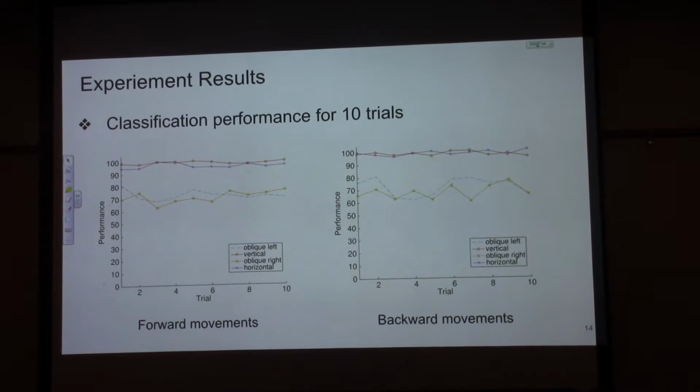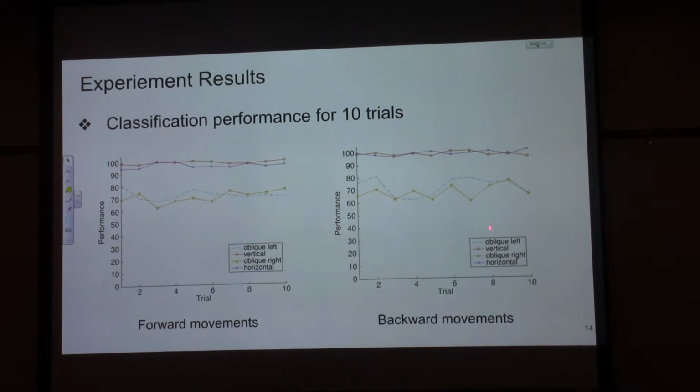So the performance that we were able to collect is that horizontal and vertical have significantly better performance than oblique. While horizontal and vertical have 90% accuracy, oblique left and oblique right have about 70 to 80% accuracy.